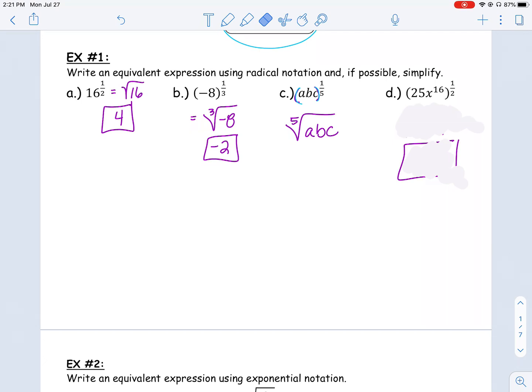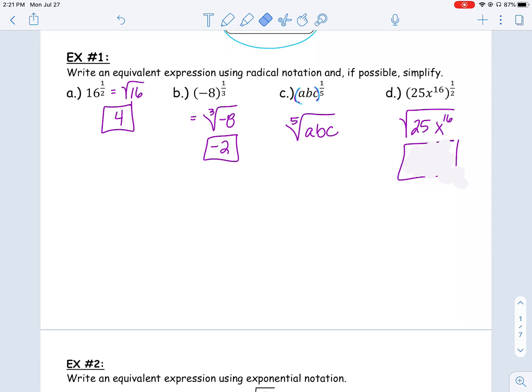On D, I have 25x to the 16th, and all of that is raised to the 1/2 power. Let's convert it to radical notation. So 1/2 power is really the same thing as the square root of 25x to the 16th. Let's see if we can reduce or simplify this. I know that the square root of 25 is 5, and I can say, what times what gives me x to the 16th?